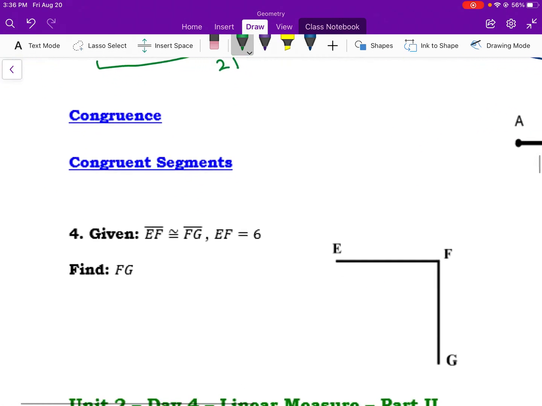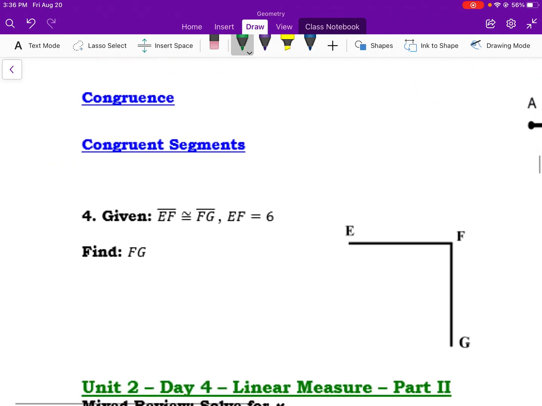Okay. Another little mini thing to discuss is congruence. So we say that two figures or measures are congruent if they have the same measure. So congruence, well, let's just say same measure for, in this context, two line segments.